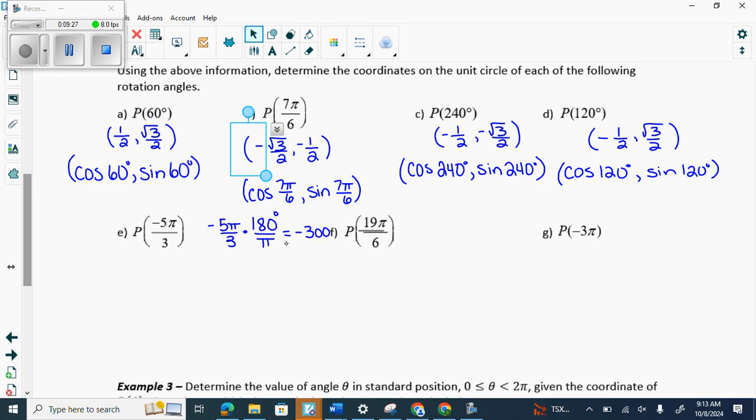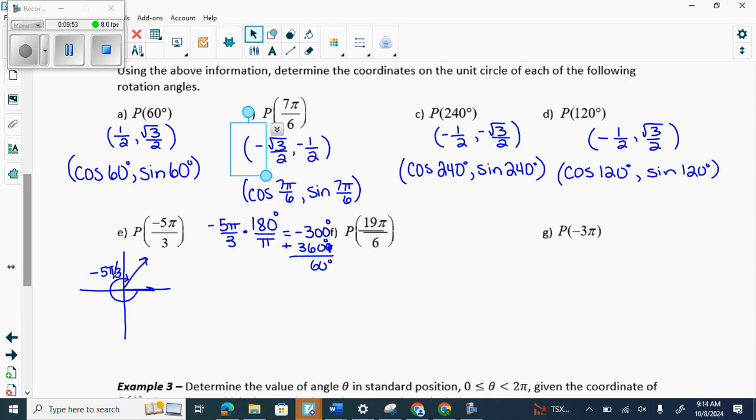If I add 360 degrees to that, I get 60. Or you could literally just draw that, right? So if we have negative 300, it goes like this, boom, lands here, yes? But I would write negative 5 pi over 3.